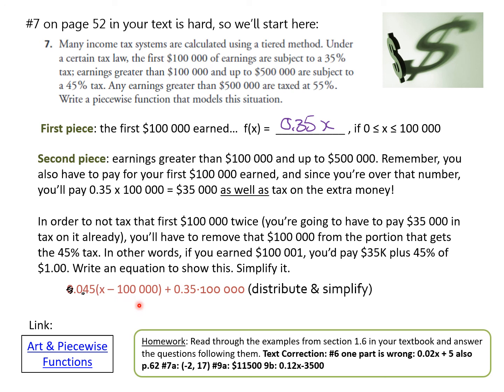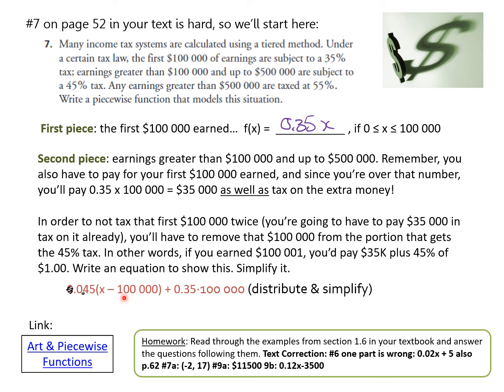This is for that first $100,000. So I'm going to pay this for sure. This is my 35% on my first piece, right? So I have to pay that, and there's a plus. I have to pay 45% on anything over and above $100,000.